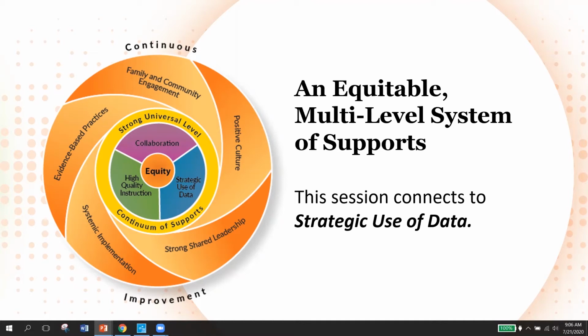This session will be focused on the system feature, strategic use of data, how it is used through collaboration to inform high-quality instruction. These key system features inform and impact each other. Therefore, the success of the framework depends on a school or district's capacity to simultaneously develop key system features.